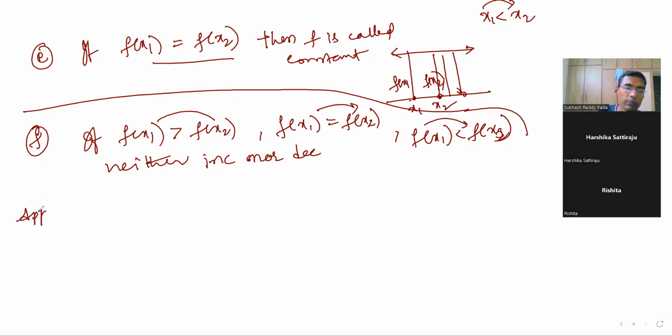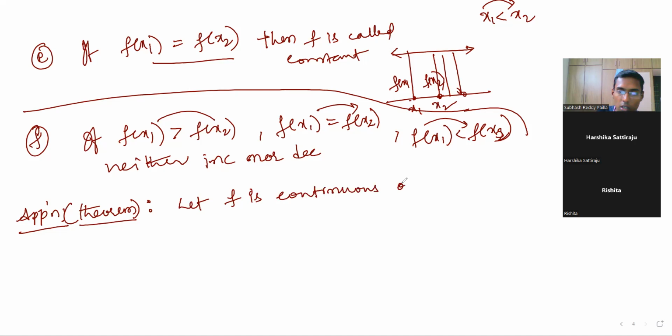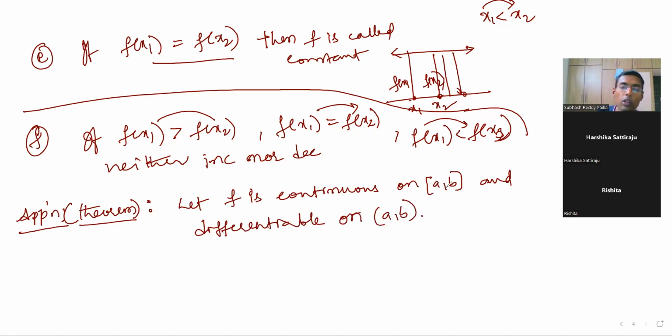Now the application, or theorem. Let f be continuous on the closed interval [a, b] and differentiable on the open interval (a, b). Always we say this, because at the end points you cannot draw the tangent.